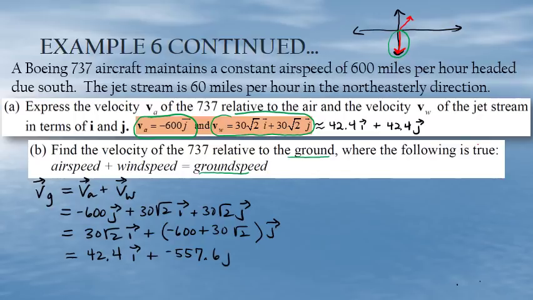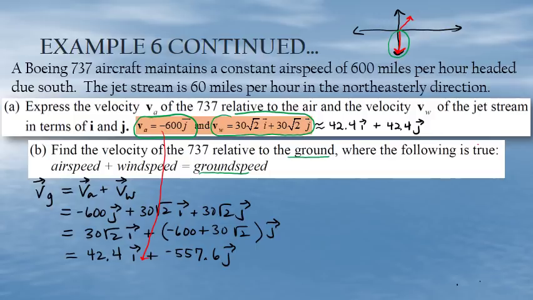So this is what's happening to the plane. Okay, so the plane started out going south, and then the wind picked up, and how did the plane's position change? Well, remember what it was? It was this one, right?